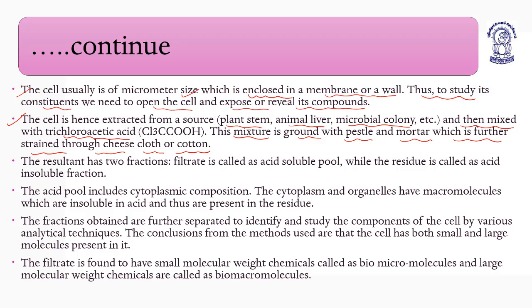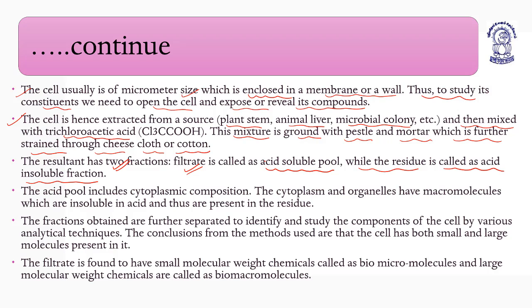The resultant has two fractions. After the cold treatment with trichloroacetic acid, the two fractions are the filtrate, which is called the acid soluble pool, and the residue, which is called the acid insoluble fraction.